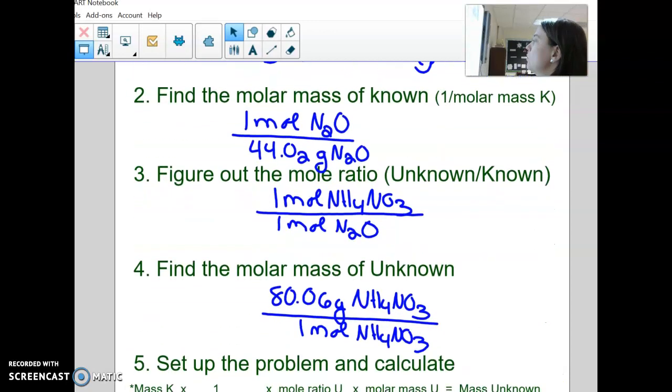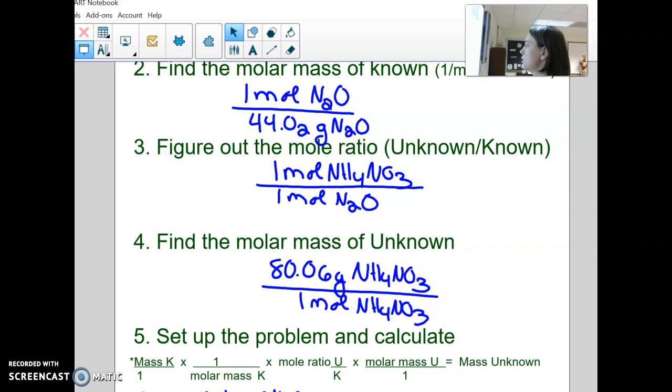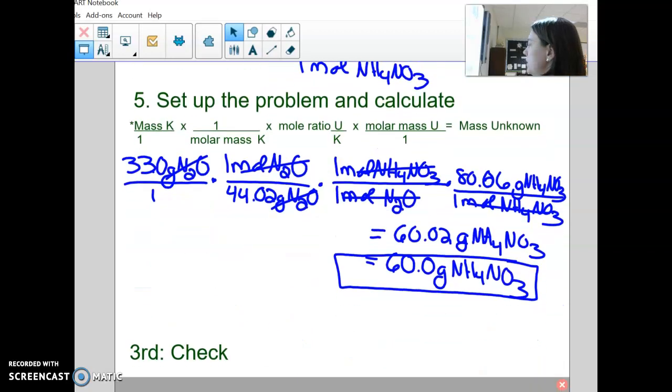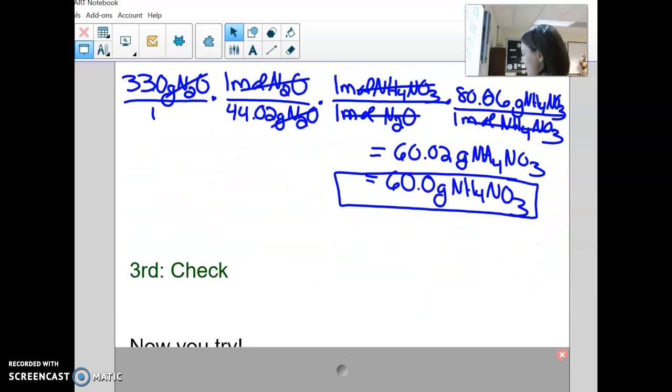So we have about 3/4 of a mole of ammonium nitrate, and we have in 1 mole 80 grams of ammonium nitrate, so 3/4 of 80 is about 60. Did we get about 60? We did. We got a reasonable answer.